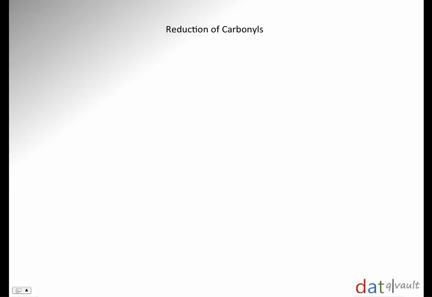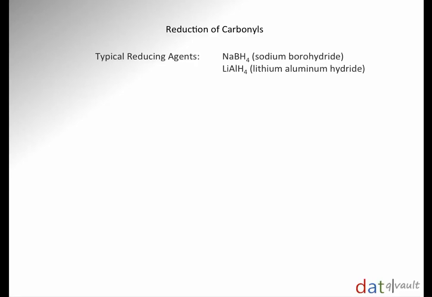So now let's talk about reduction of carbonyl compounds. There are really going to be two typical reducing agents that you're going to see on the DAT. They include sodium borohydride, and the second one being lithium aluminum hydride. The major difference that you're going to need to know between these two reducing agents is that lithium aluminum hydride is a much stronger reducing agent than sodium borohydride.